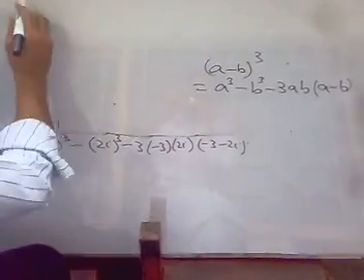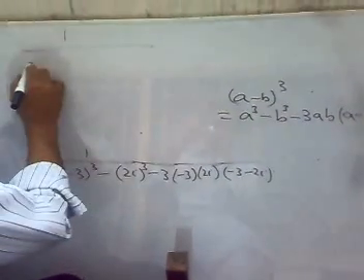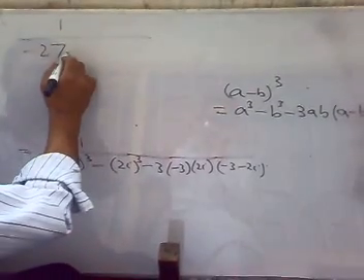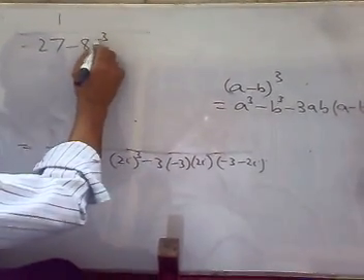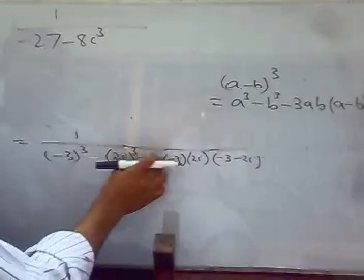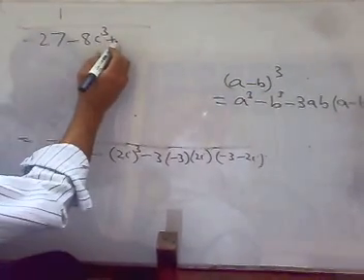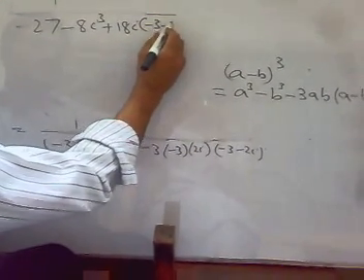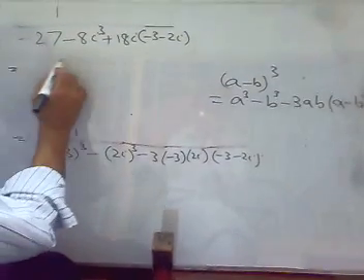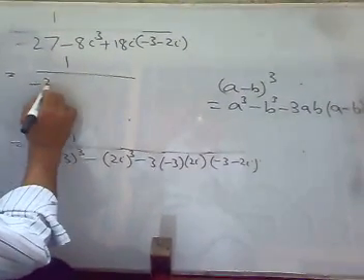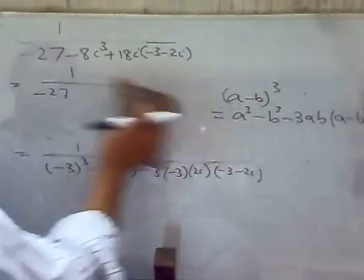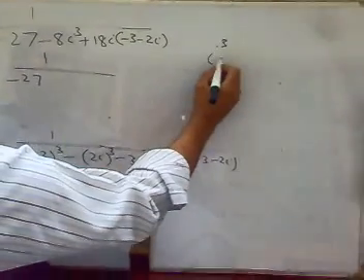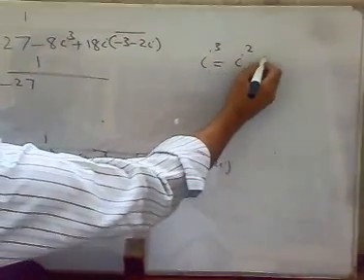So here we will have minus 27, and here it will be minus 8 iota cube, and this will actually be minus minus plus 18 iota into (minus 3 minus 2 iota). So it will be minus 27. We can break iota cube into iota squared into iota.